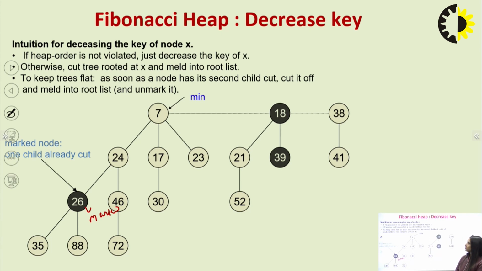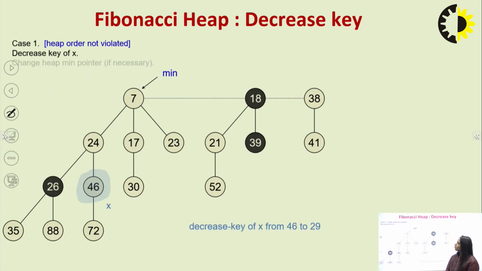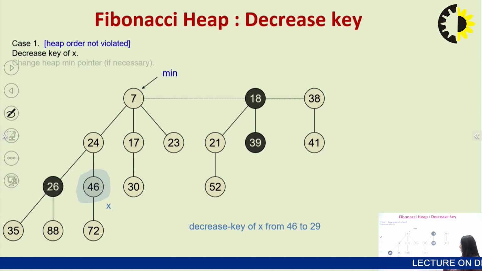For this we have to concern ourselves with these points. If heap order is not violated, just decrease the key of X. So how do we do this? Let's say this is my heap and I want to decrease key X, meaning 46 to 29.